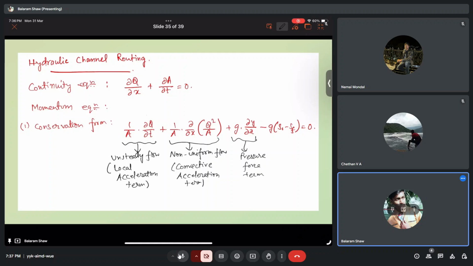Okay, and this last one is the friction force term. See what affects the friction? The surface, right? So here S naught is the bed slope and SF is the friction slope.